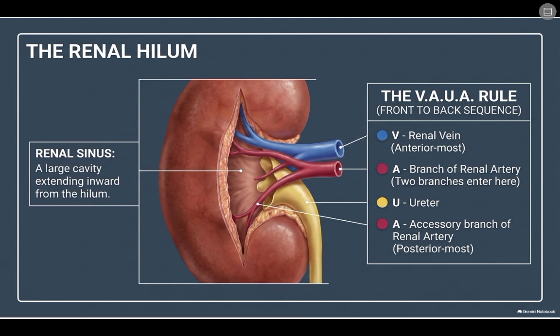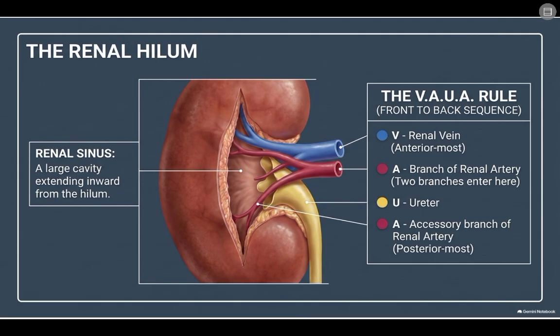And what are the main major structures you are going to find in the renal hilum? So I call this the valve, which is VAUA. So the first thing you are going to find there is the renal vein. Another thing you are going to find there is the branch of the renal artery. Remember, VAUA.